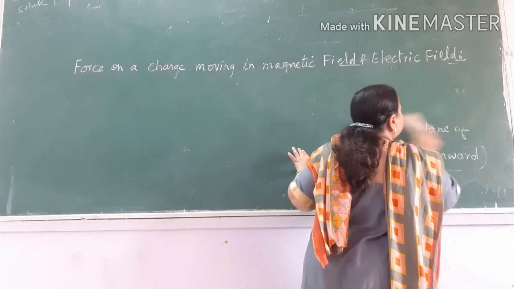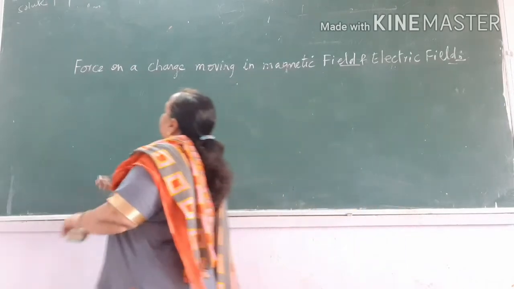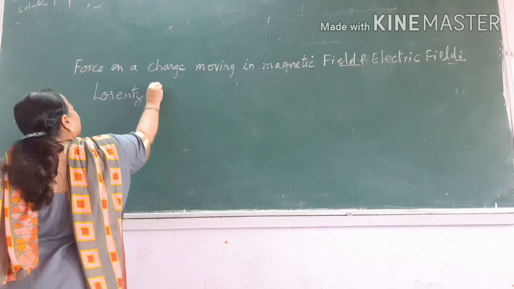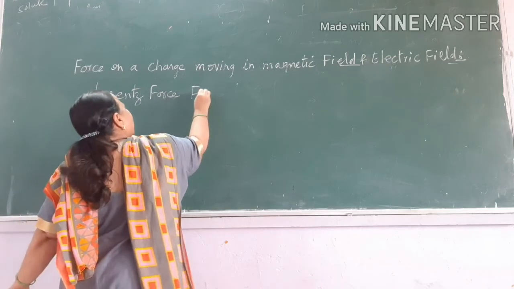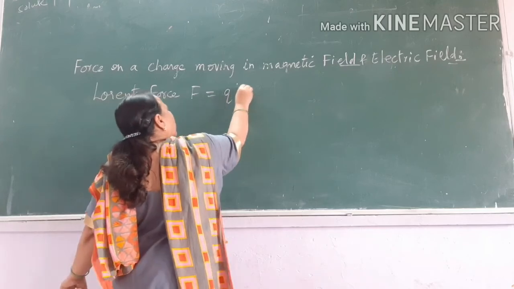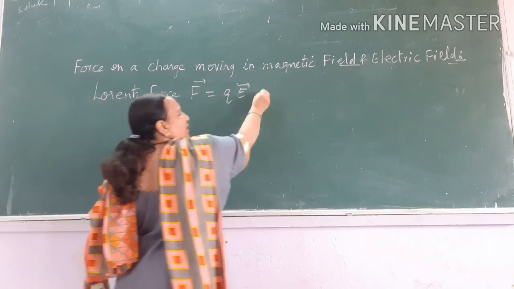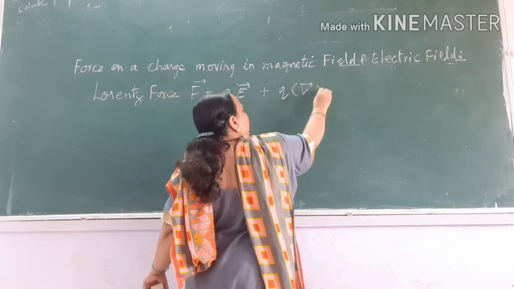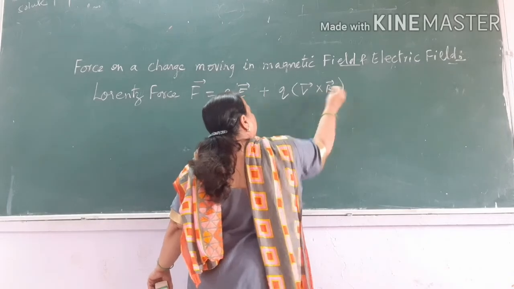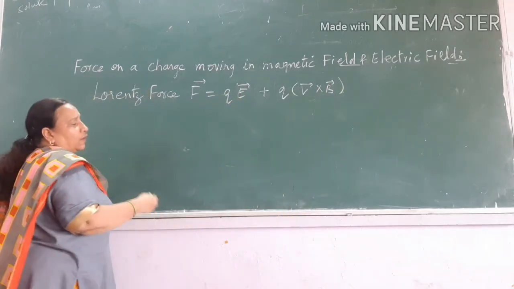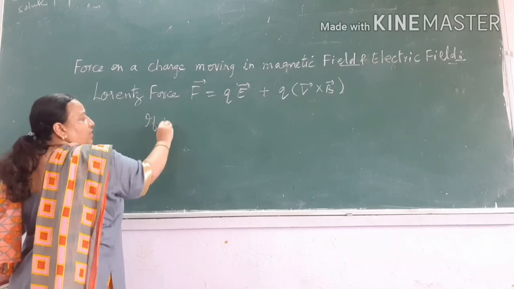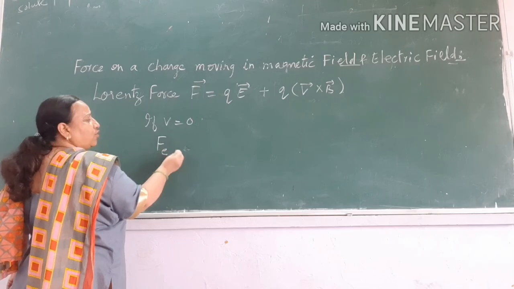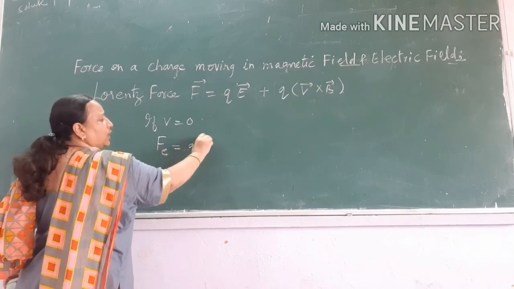when it moves in the presence of the two fields, the Lorentz force F is given by qE vector, this is the electric force, plus the second, the magnetic force, which is q into v vector cross B. So if v is equal to 0, then the force acting will be only electrostatic, that is equal to qE.